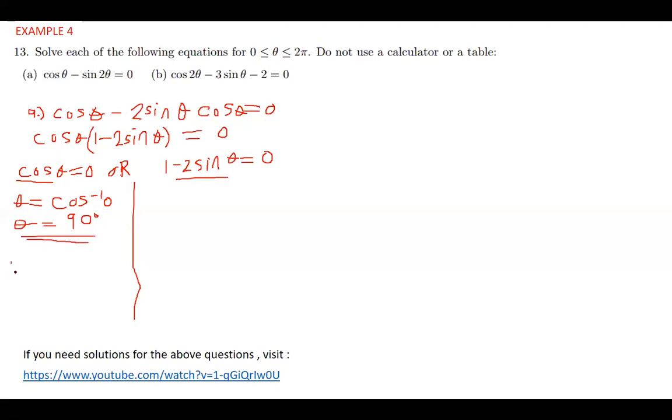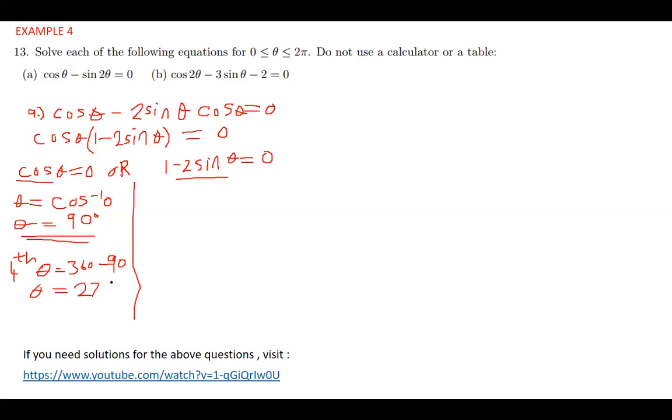But in the fourth quadrant, you have your theta being equal to 360 minus 90. Then when you subtract that, you find your theta to be 270.